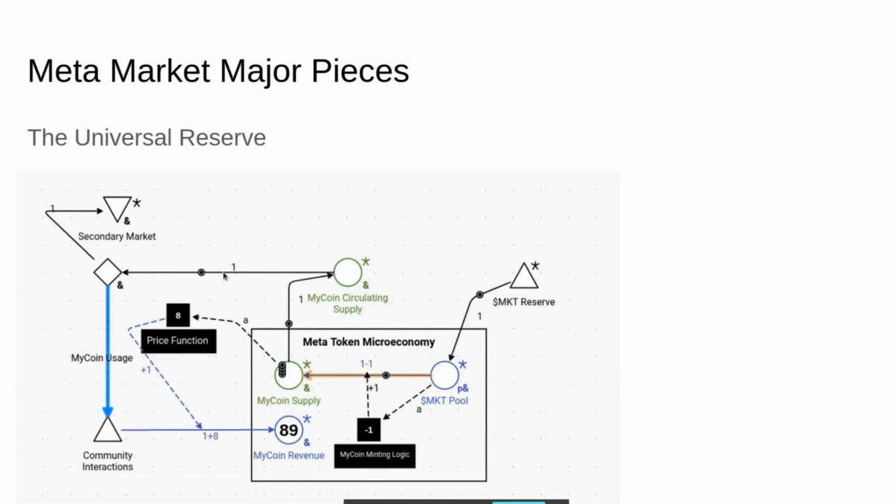This can then be traded in secondary markets and interoperate with any other microeconomic token.